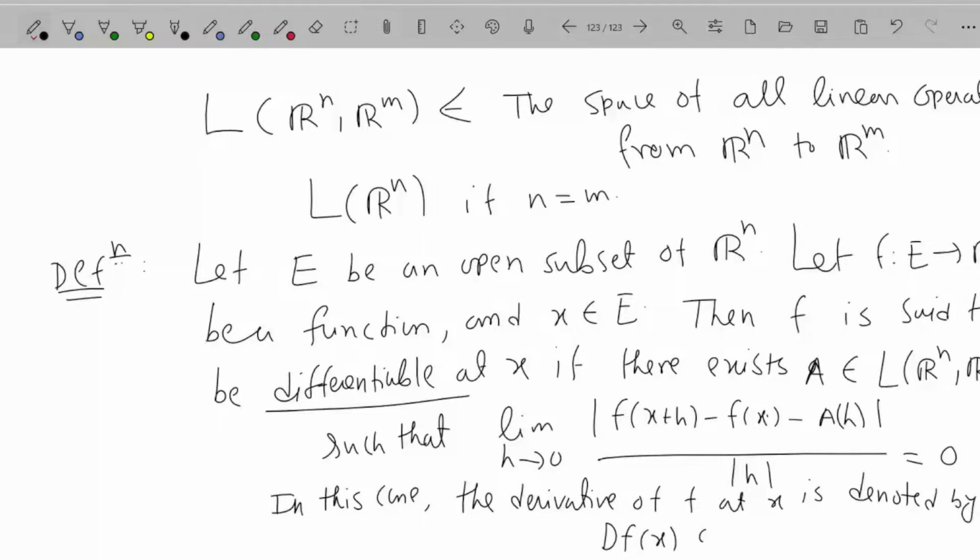So now your df x is your A, or f dash x is your A. So this df x and f dash x are that linear mapping, an m by n matrix. That's how we define a function being differentiable at a point x.